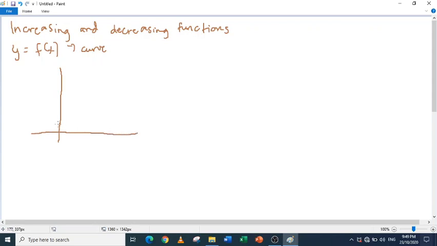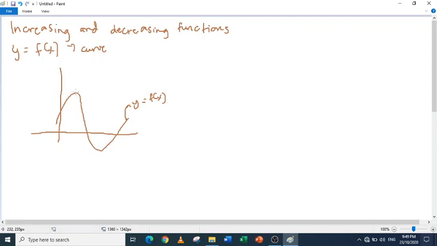Say we have this graph or curve y equals f of x. Right? So at what interval is the function increasing or decreasing?